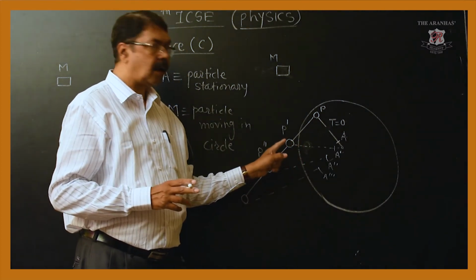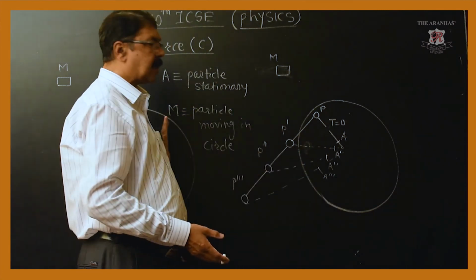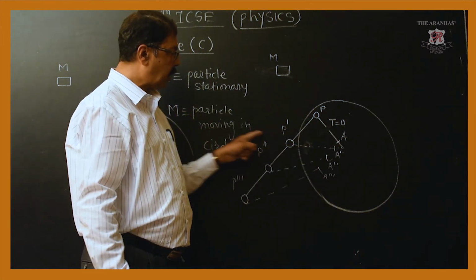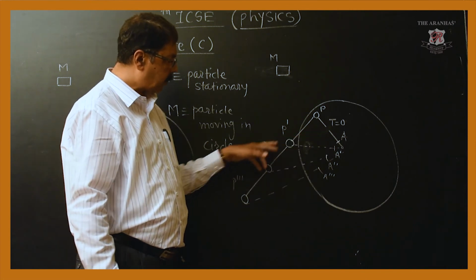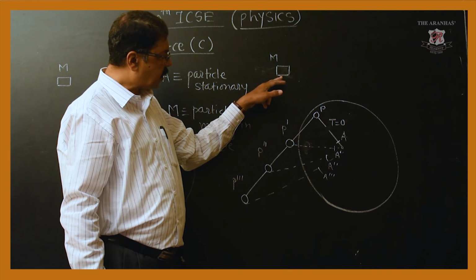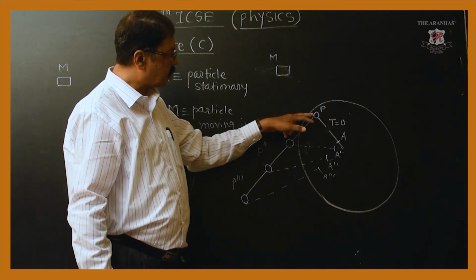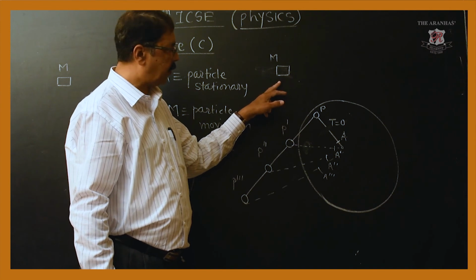Means the particle experiences a force in this direction. That is why it is moving along the straight line and it will always remain in front of him. So for this person, there is no outward force because of which the particle moves away.